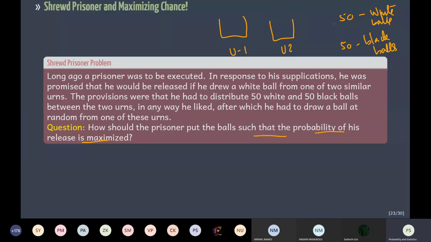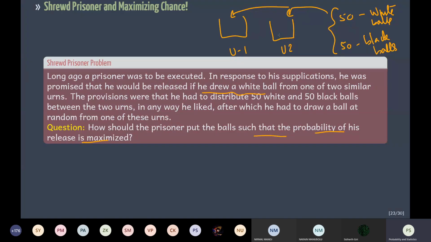The way he distributes the balls is up to the prisoner: which urn he should put more white in, which urn less. It depends on the prisoner. So the question is, how should the prisoner put the balls in these urns such that if he draws the white ball, he is released? He has to maximize the probability that he picks a white ball.